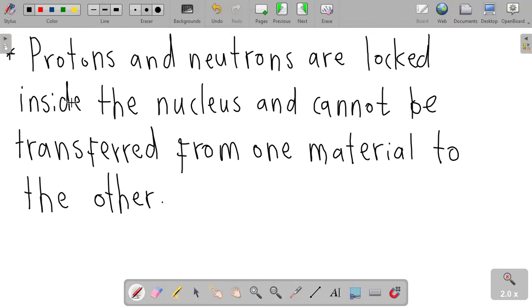So it is only electrons that can move, not protons.